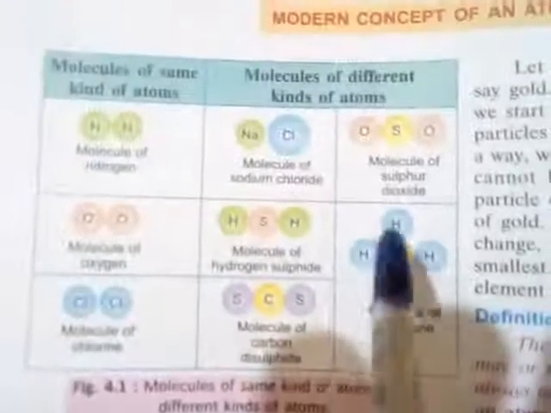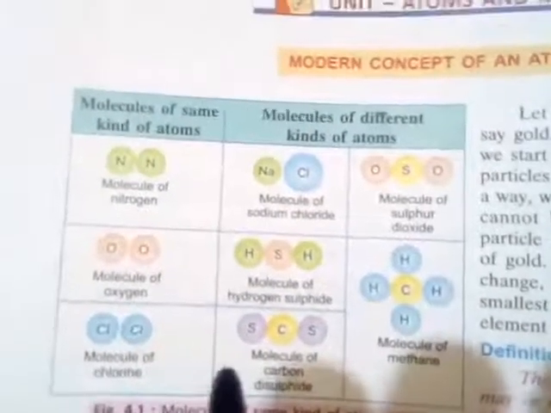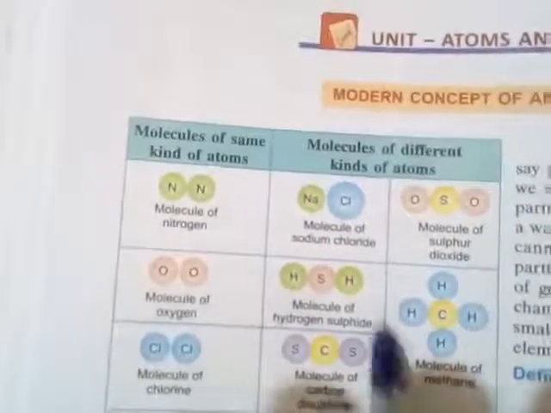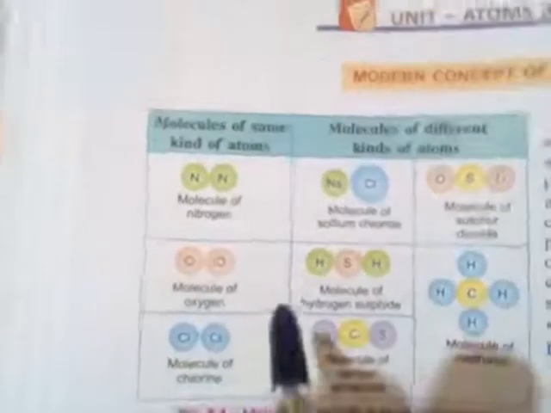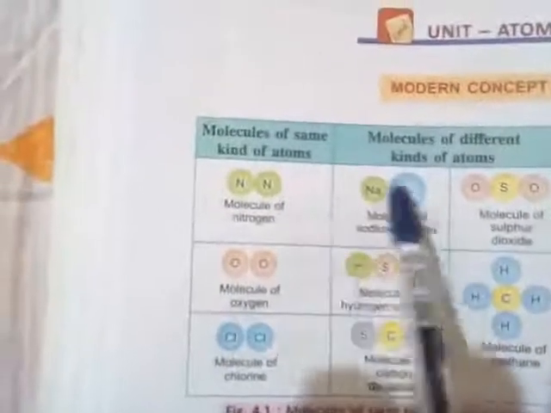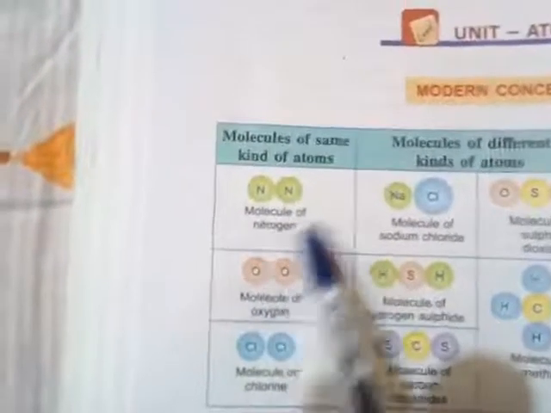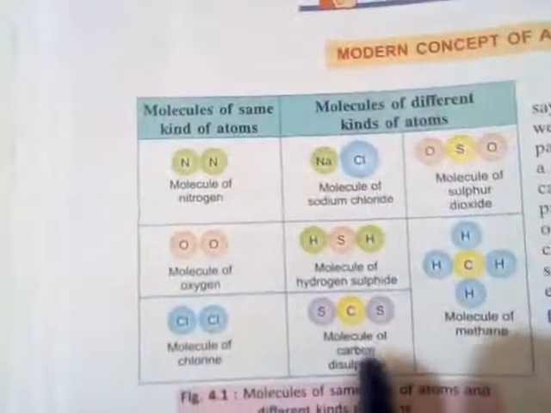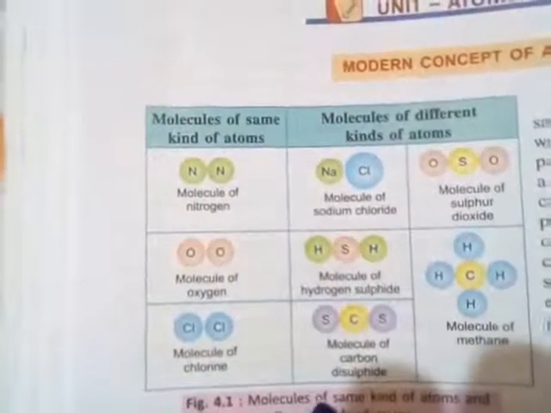In methane, one carbon atom and four hydrogen atoms. So from this figure you can conclude that a molecule is a combination of similar types of atoms, and sometimes of different types of atoms.